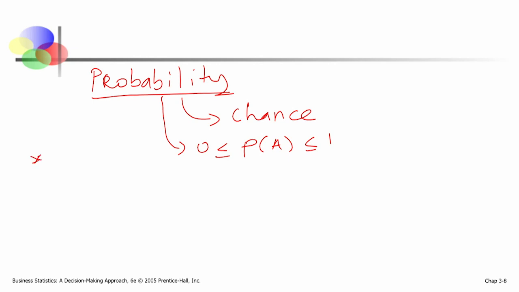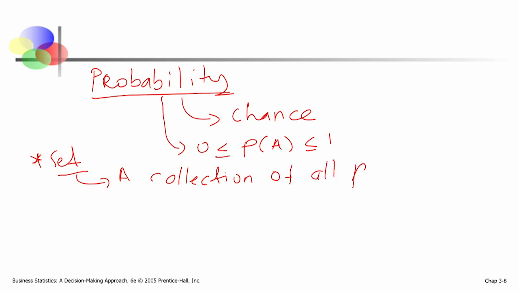Now, let's talk about what a set is, right? A set is a collection of all possible outcomes, right? A collection of all possible outcomes, okay? So what is a sample space?